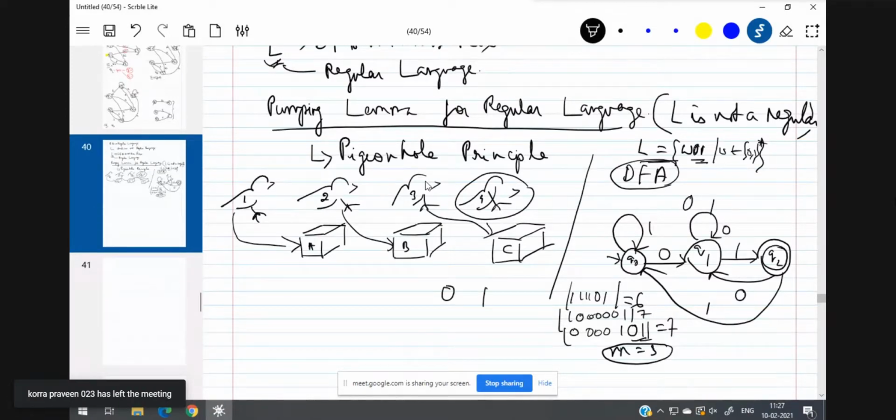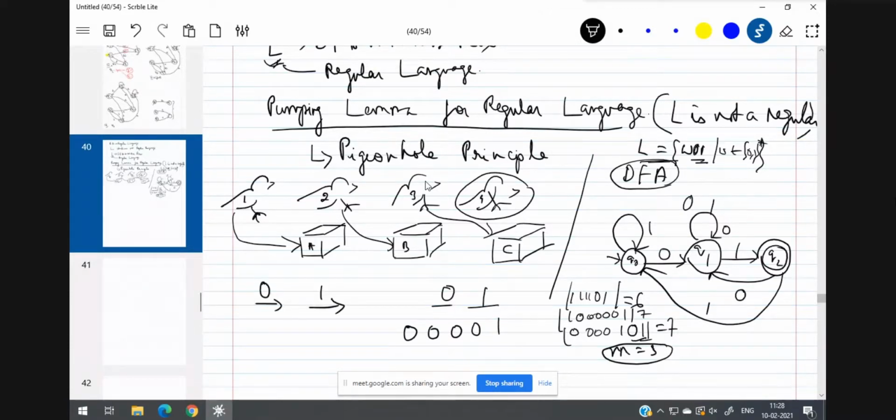If you're going from Q0 to Q1, you're not supposed to repeat any state. Let me check for 0, 1, Q1, then 1, Q2.